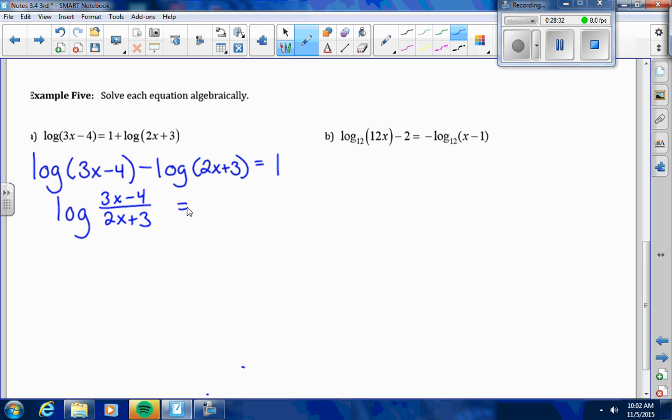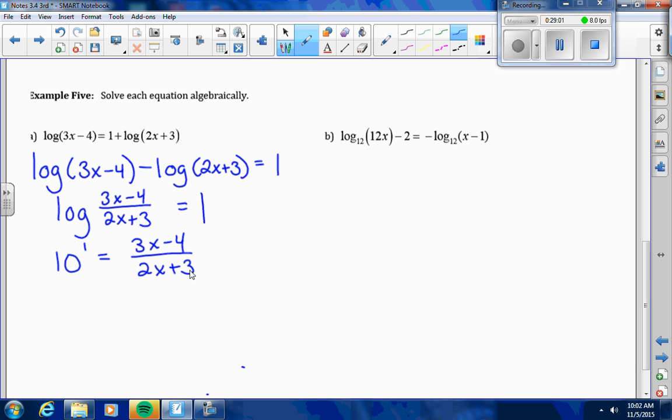And that equals what? 1. At this point, we need to convert it to exponential. So what's our base? So 10 to the first equals 3x minus 4 over 2x plus 3.